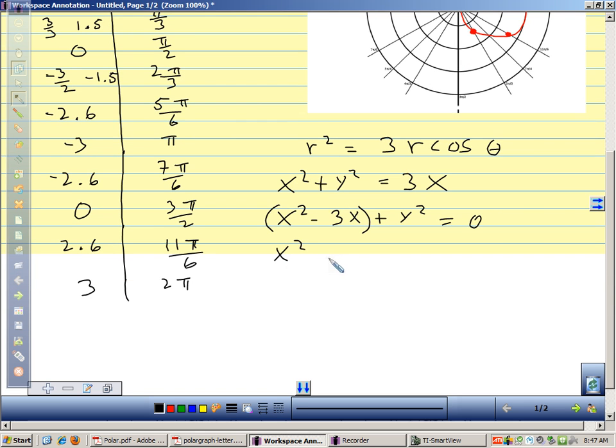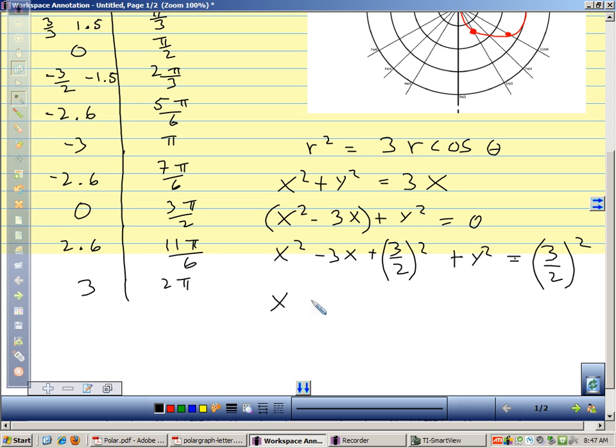So x squared, 3 halves, we end up with minus 3 halves. So we add 3 halves squared to the x terms, we have the plus y squared here, and we add 3 halves squared to the other side. And I'm just going to leave it written as 3 halves squared.